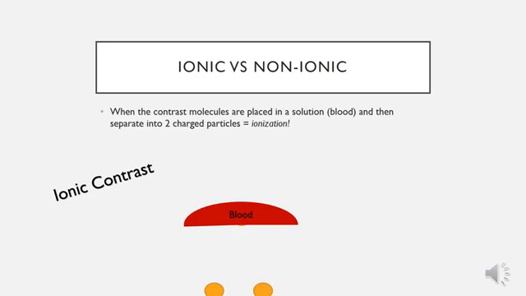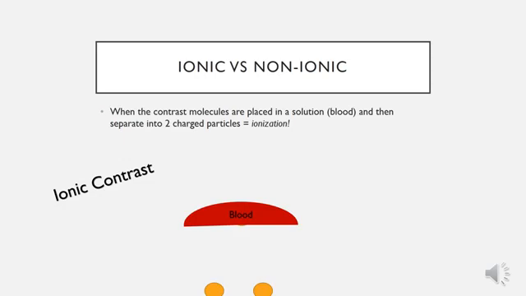Ionic refers to ionization, and we've heard that term before. So ionic iodinated contrast molecules will separate into two charged particles once they're placed in a solution.